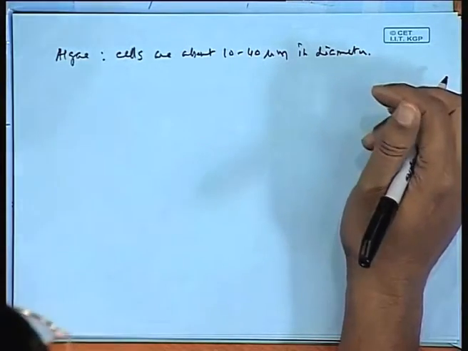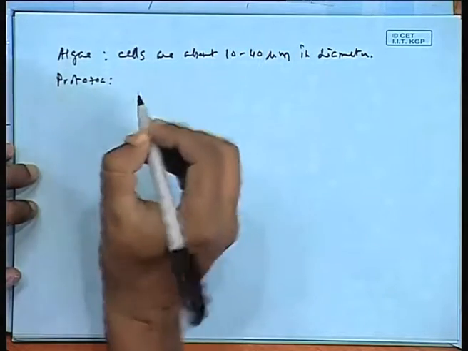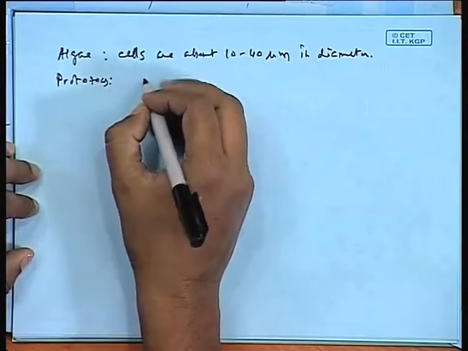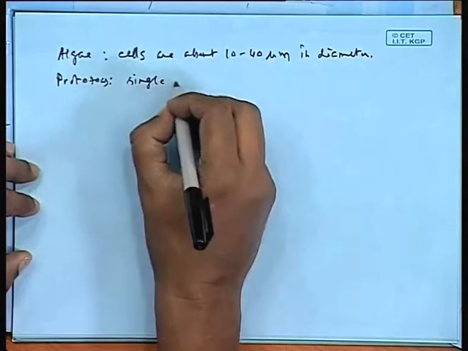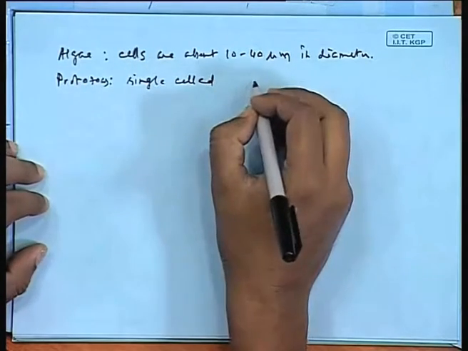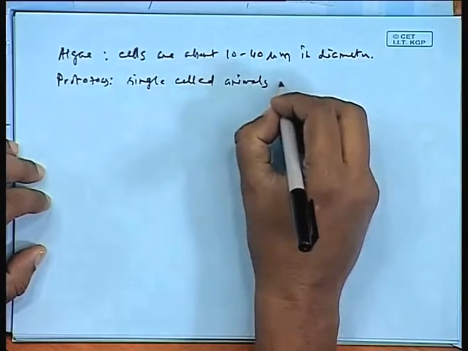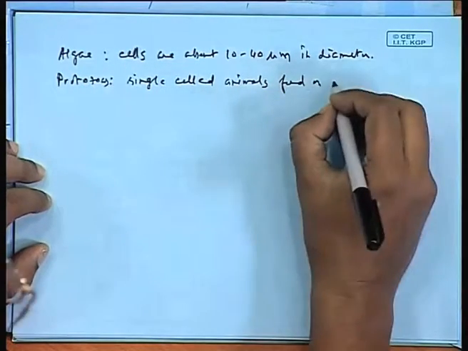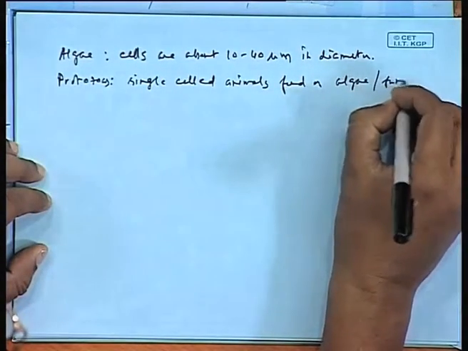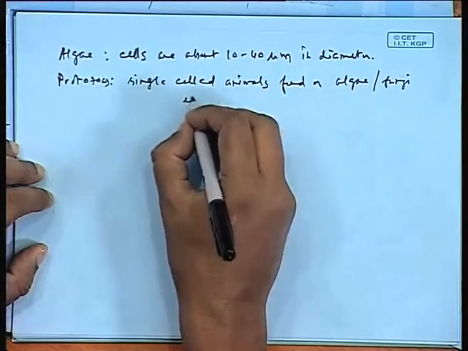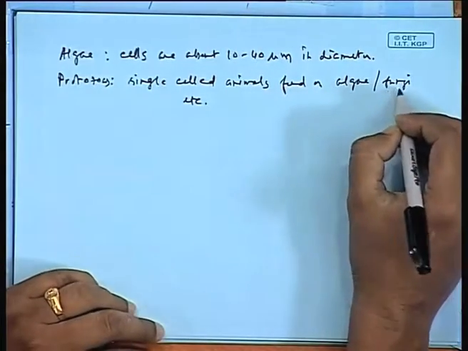Then there are protozoa, single celled animals that feed on algae, fungi, etc.